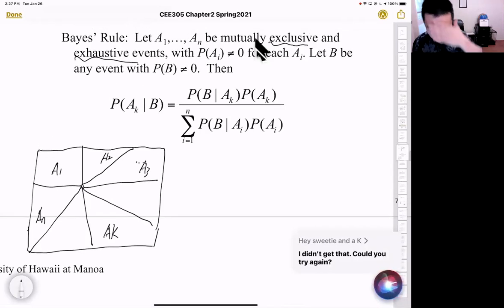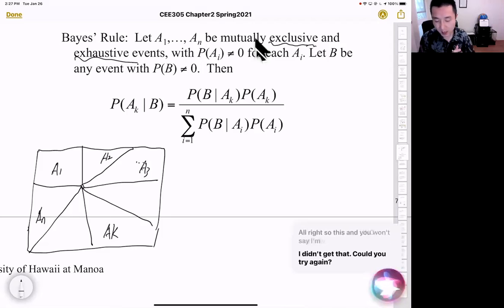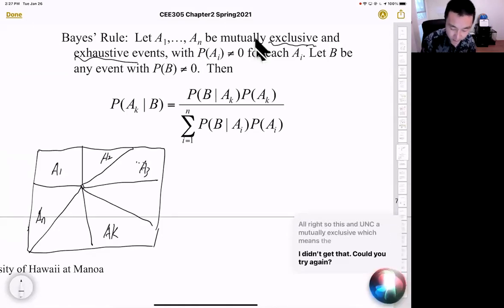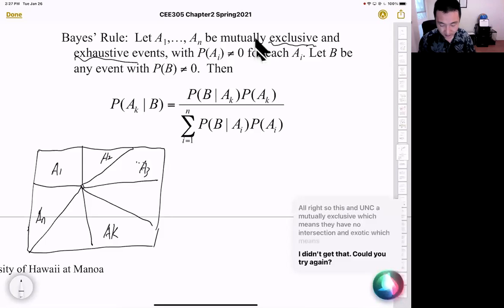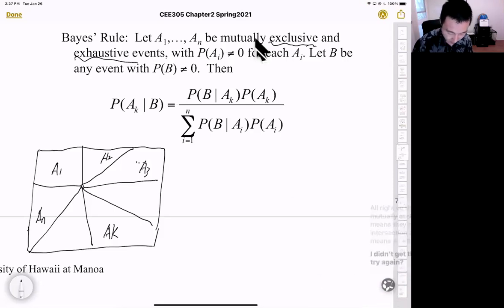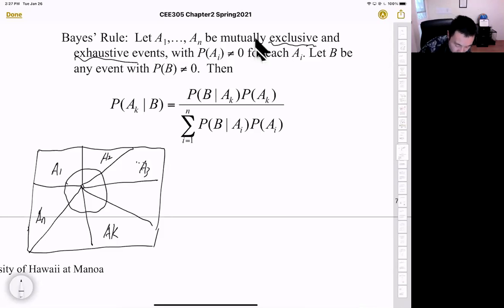These n events are mutually exclusive, which means they have no intersection, and exhaustive, which means A1 plus A2 plus A3 through An are the sample space, including everything. And then let's draw B. Let's say B is here, so this is circle B, and this is Ak.